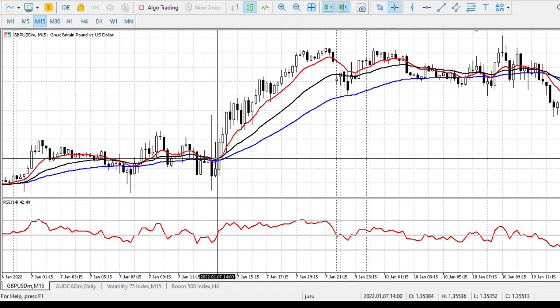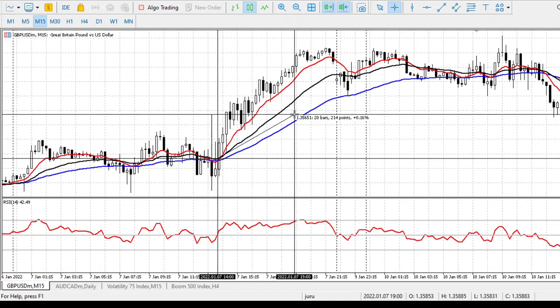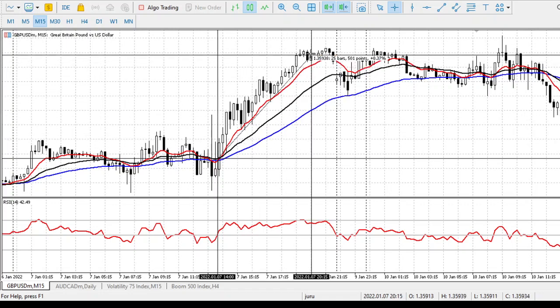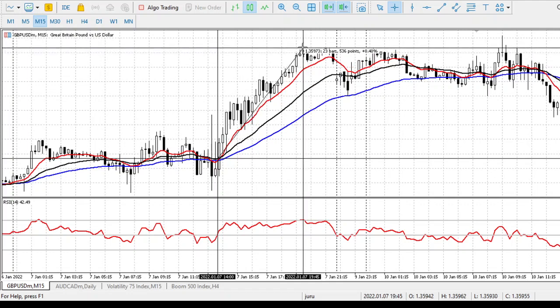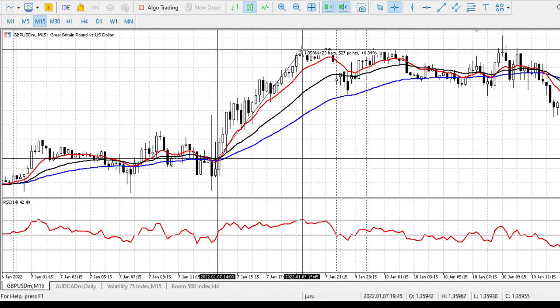So you enter here, you wait until the first take profit is hit, as you can see, and it was hit here, which is the third. Now we are looking for the 70 level, which is the overbought zone. That is why on our RSI we have 3 lines: the 70, the overbought, which means you should exit your buy positions; the 50, which is our signal; and then the 30, which is the oversold signal.